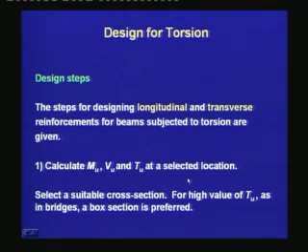For high values of Tu, as in bridges, a box section is preferred. The selection of a section was discussed when we studied the design of members. The selection depends on the application and on the relative values of the forces. In buildings, usually we have rectangular sections, or flanged sections made up of precast beams.